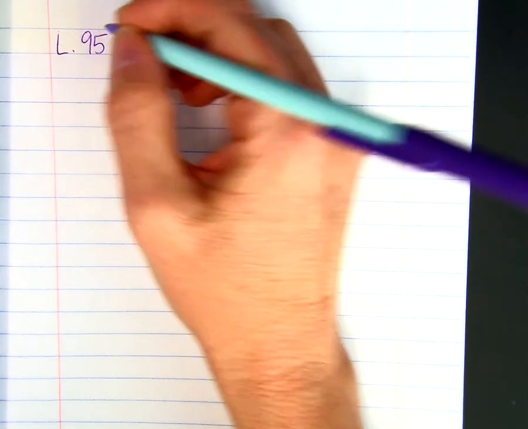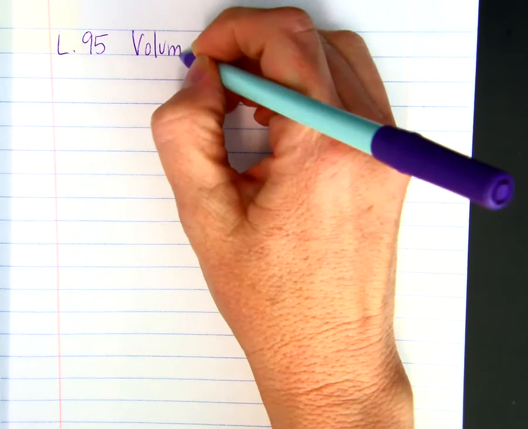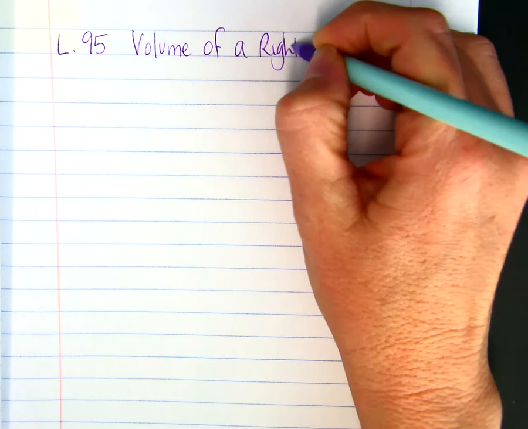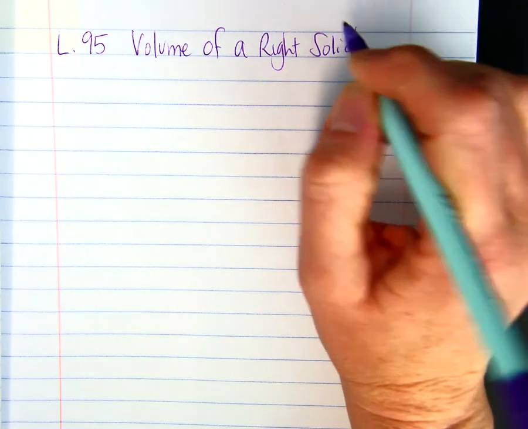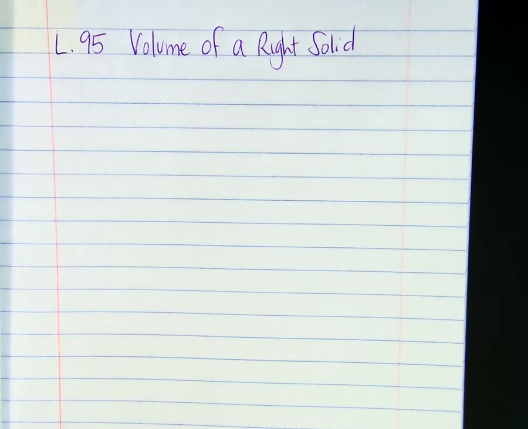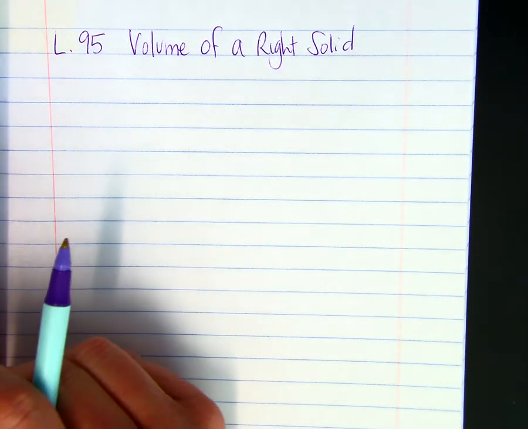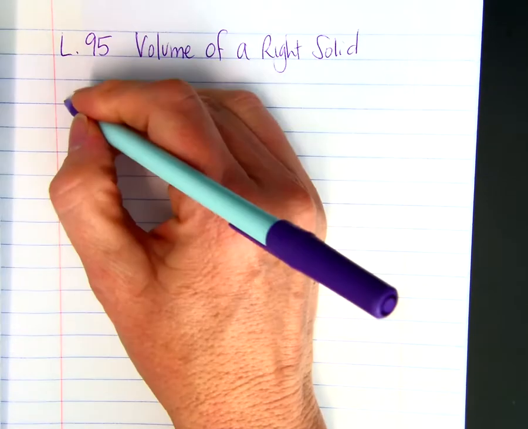Lesson 95, volume of a right solid. So a right solid is just a 3D shape whose sides are perpendicular to the base.